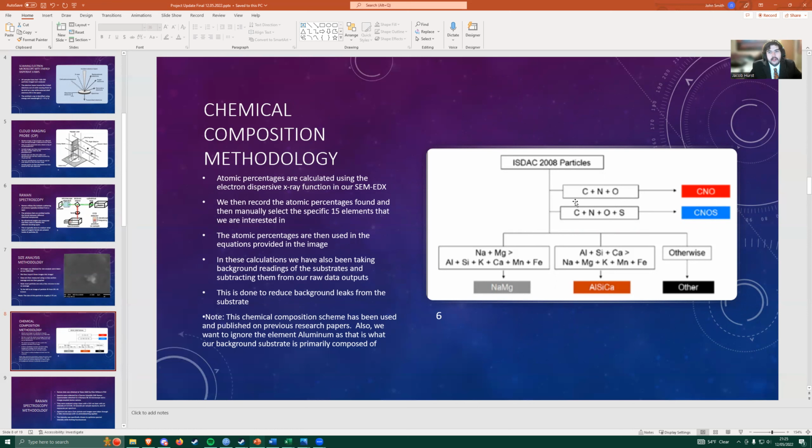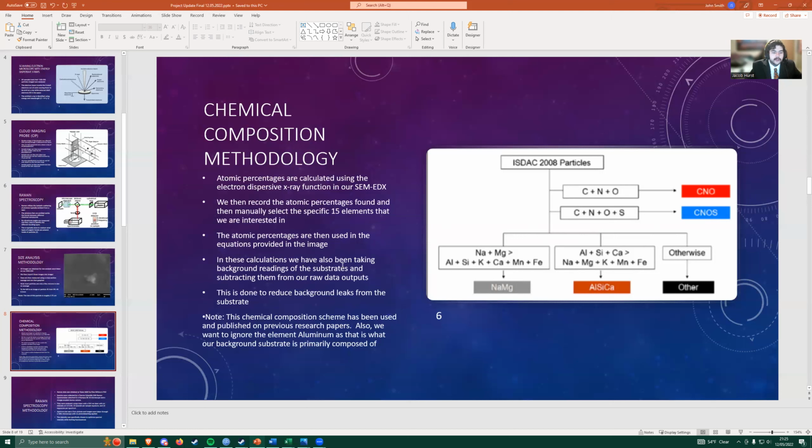Right now, whenever we're looking at our aluminum substrates, we're obviously not going to count aluminum, because that would give us very skewed results for compositions. The atomic percentages are then used in the equations provided in this image here, just so we can identify what it is.